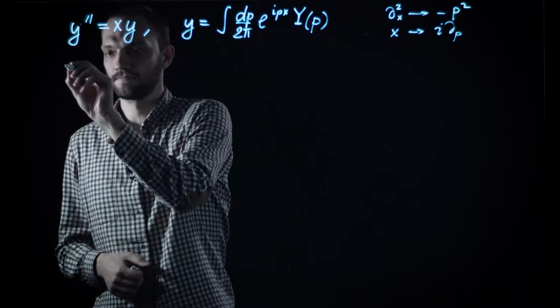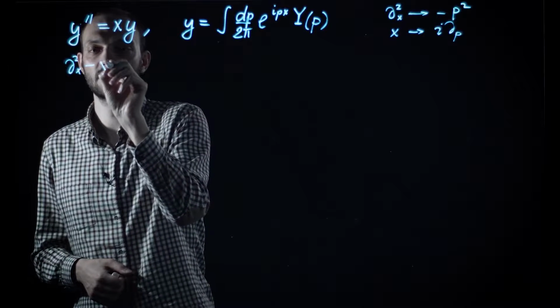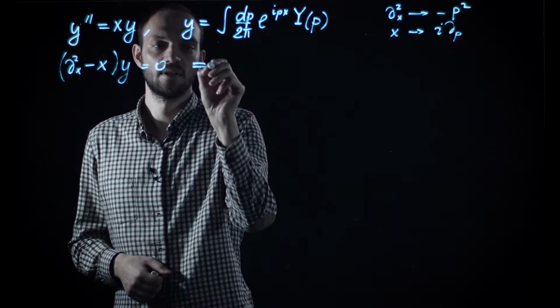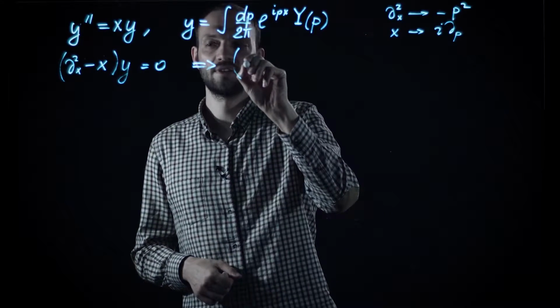So as a result, the equation for y small in the x domain becomes the equation for Y capital in the momentum domain, which reads as follows.